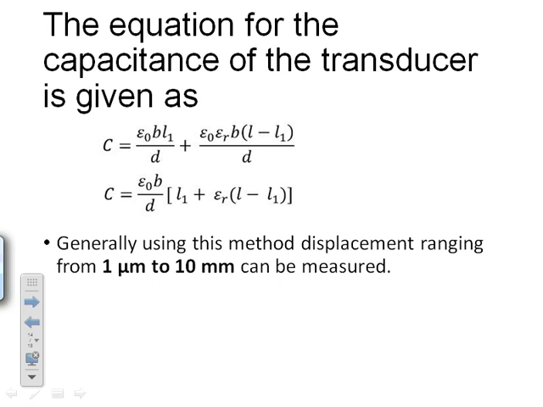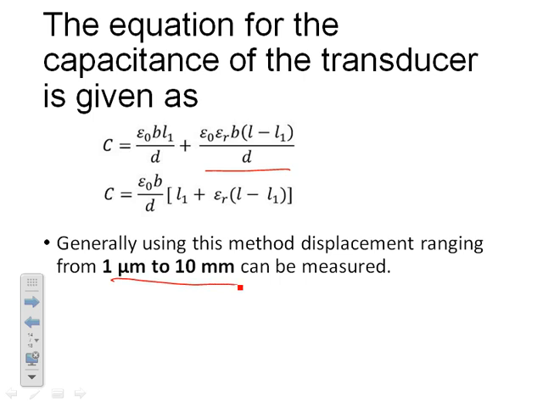So the equation of the capacitance of the transducer is given by C is equal to epsilon naught B into L1 divided by D plus epsilon naught epsilon R B into L minus L1 by D, or C is equal to epsilon naught B divided by D into L1 plus epsilon R into L minus L1. Generally using this method, displacement ranging from 1 micrometer to 10 millimeter can be measured.